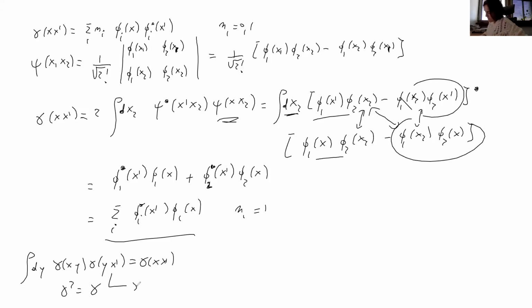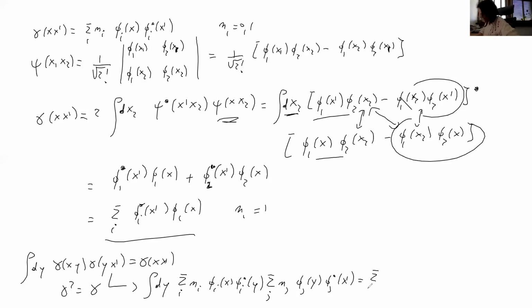So here what do we have? I put the spectral representation of gamma, so I have summation over i of n i phi i x phi i star y. Then I do the same for this other gamma, summation over j of n j phi j y phi j star x prime. And this is equal now to summation of ij n i n j integral in dy of phi i x put together with phi j star x prime, and then I have this and this.